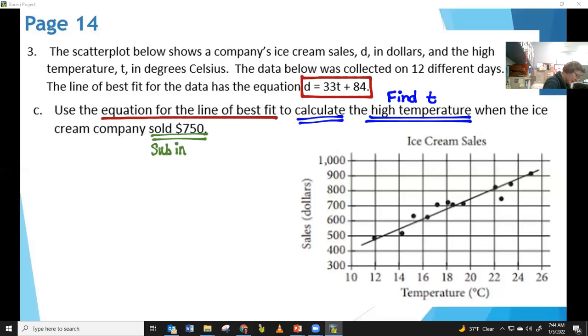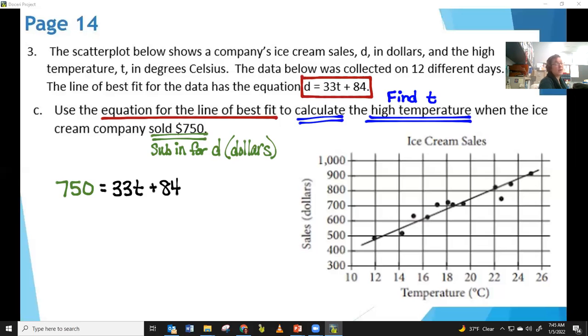Sub in for D because that means dollars. Okay, so let's do that. 750 equals 33T plus 84.